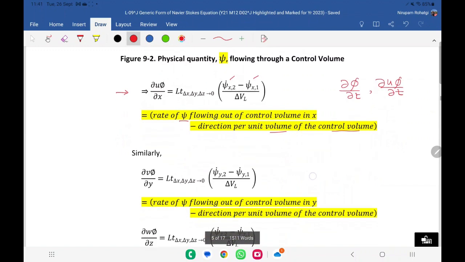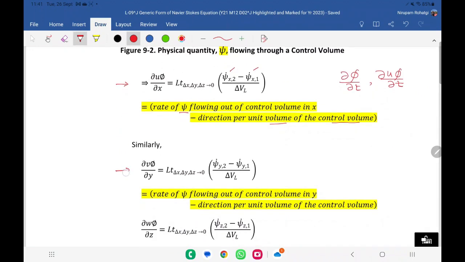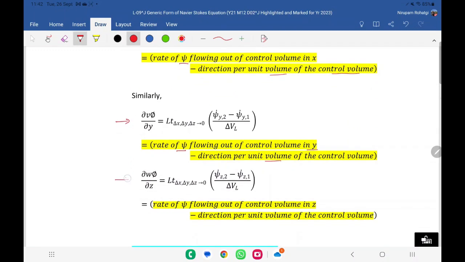Now you can similarly say that del v phi will be psi flowing out of the control volume in y direction per unit volume of the control volume. And the w phi derivative will be equal to rate of psi flowing out of the control volume in z direction per unit volume of the control volume.